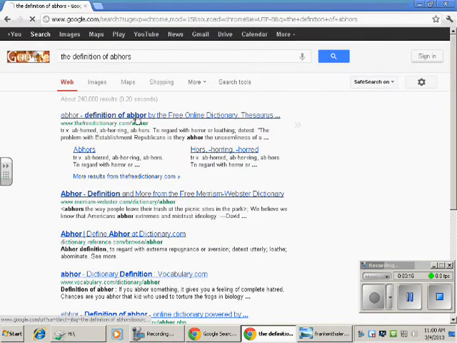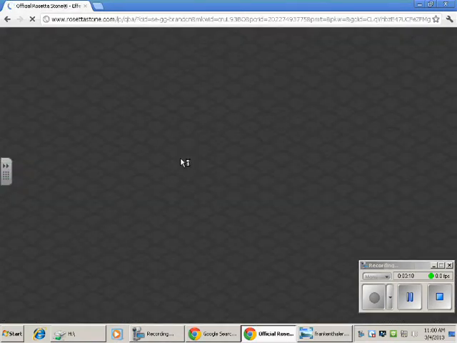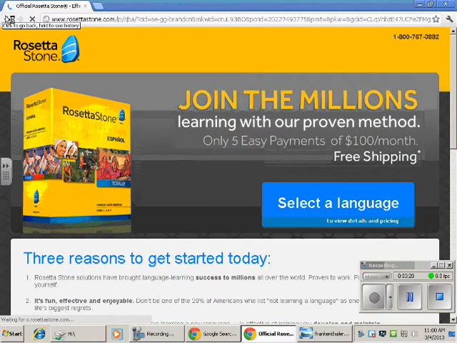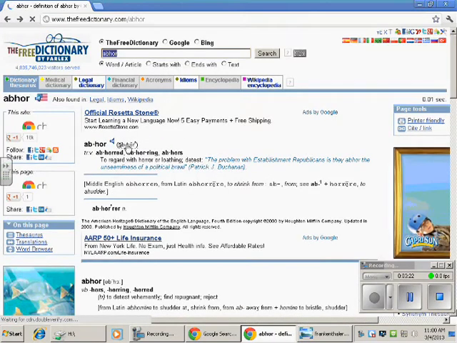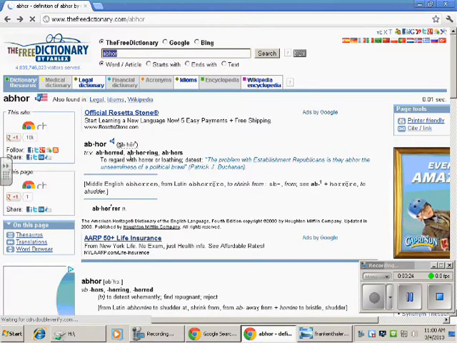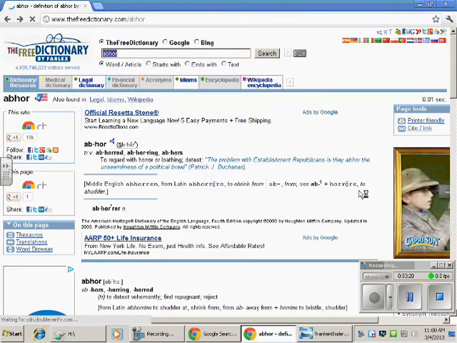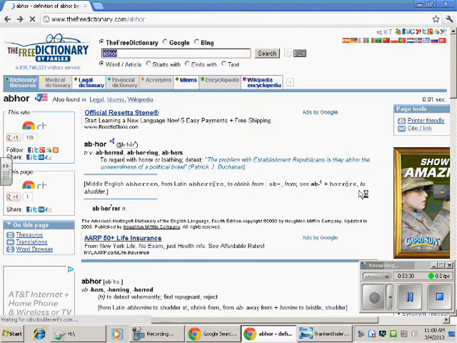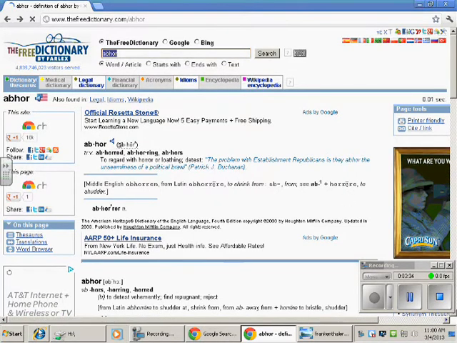So then I went to that, and I went back because that wasn't what I needed. And it says to regard with horror or loathing. I know loathing means hate, so it must mean nature hates vacuum.